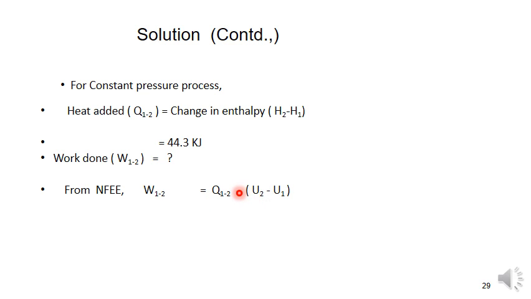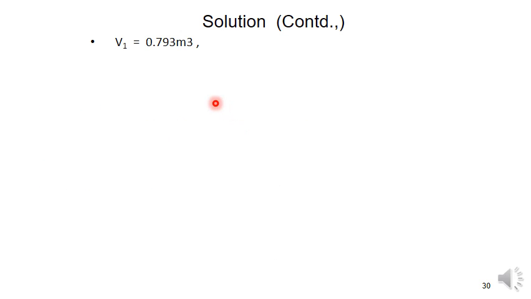We know the Q value and U2 minus U1, so we get the W value directly, 44.3 minus 28.5, which is 15.8 kilojoules. And volume V1 is 0.793 meter cube. Now we have to calculate the final volume at constant pressure.